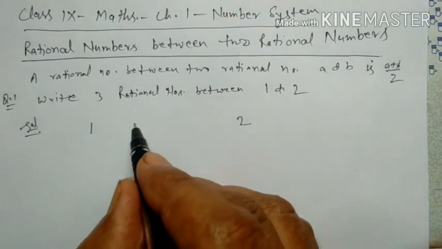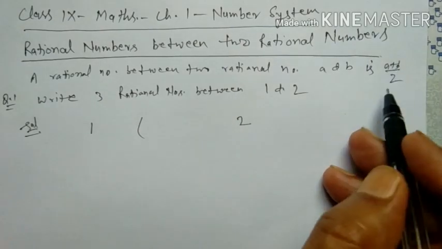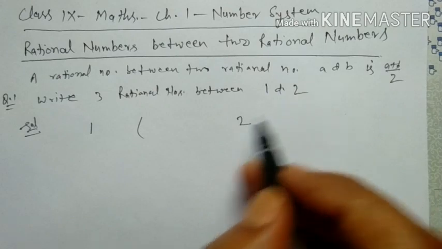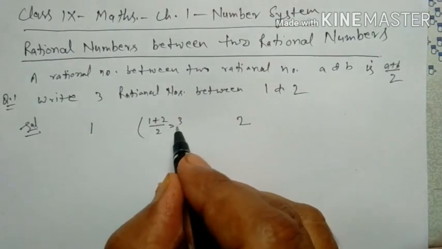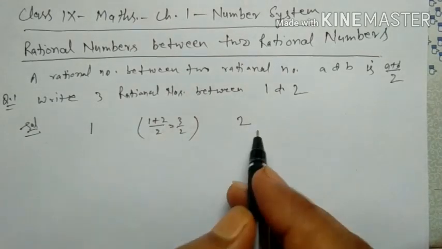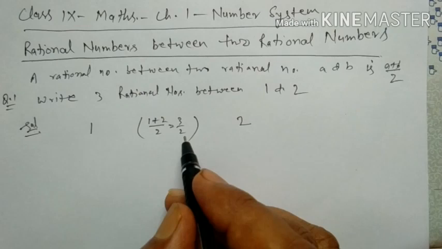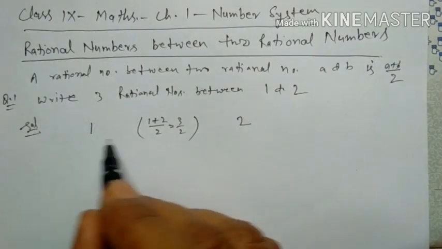Then the first rational number will be, in the condition, (a plus b) by 2. It means (1 plus 2) by 2, which equals 3 by 2. This is one rational number between 1 and 2: 3 by 2. Now write other rational numbers between these two numbers.